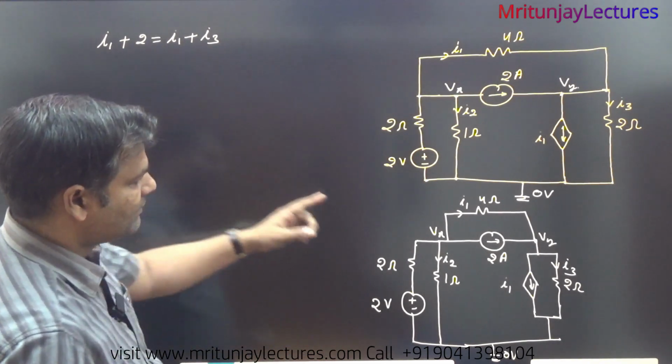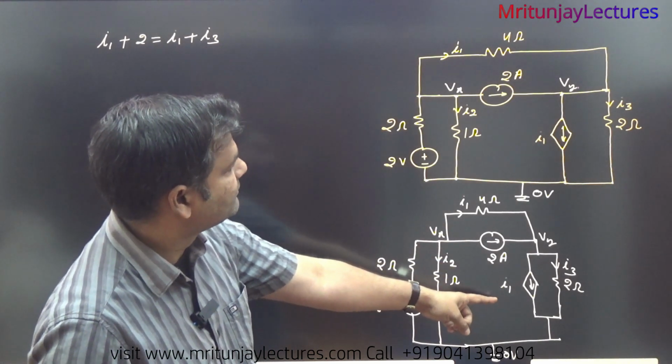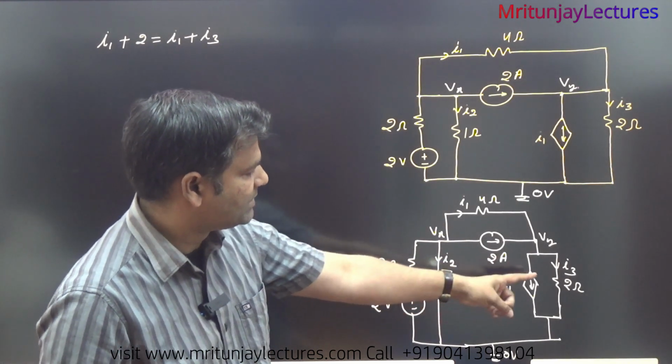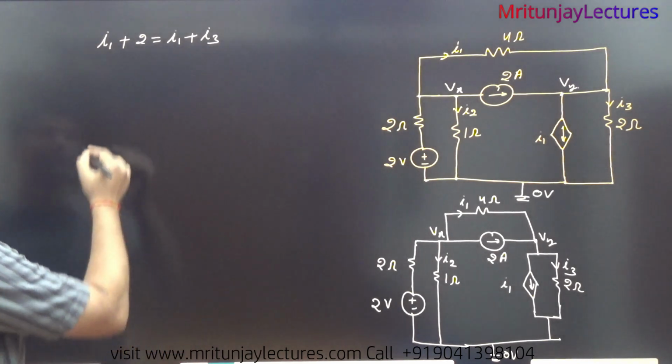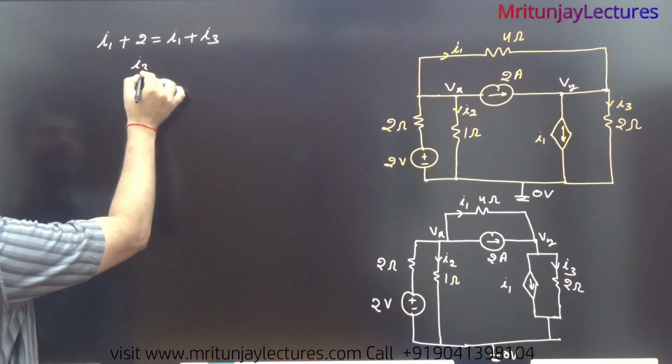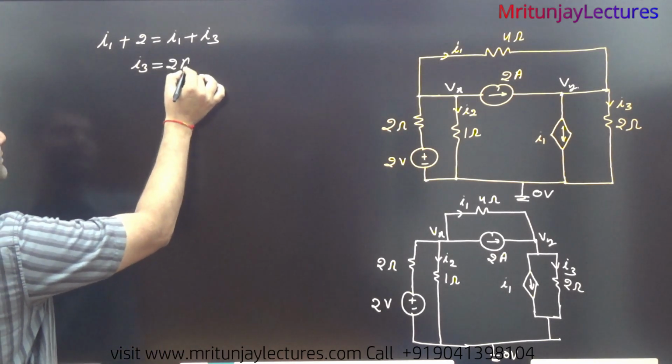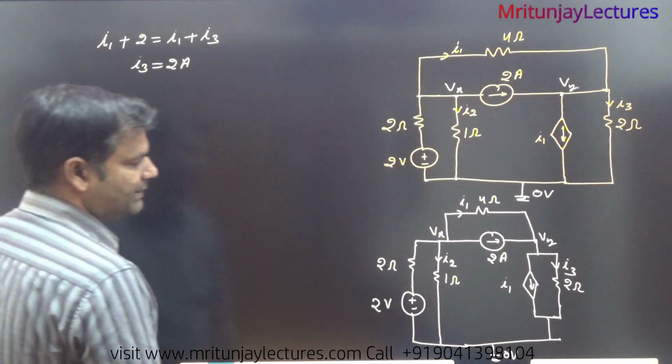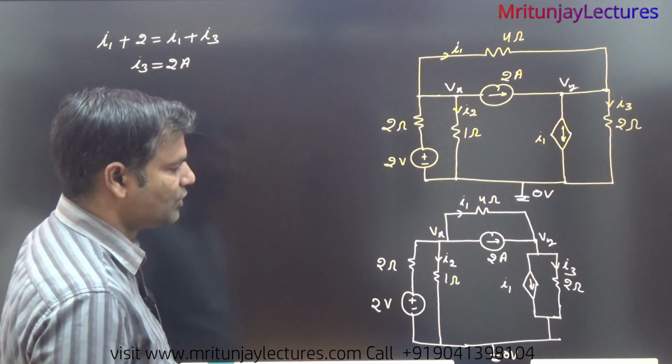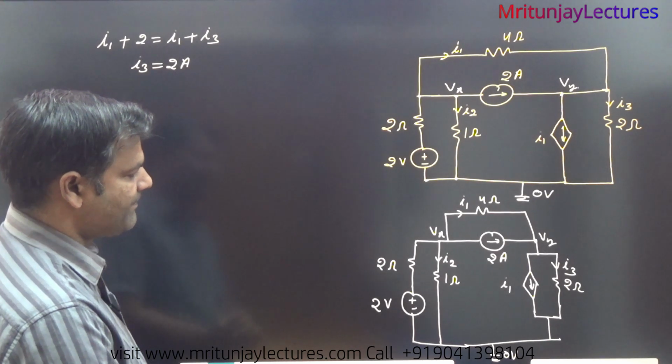So I1 and I1 cancel out, so simply 2 is equal to I3. So I3 is basically 2 ampere.